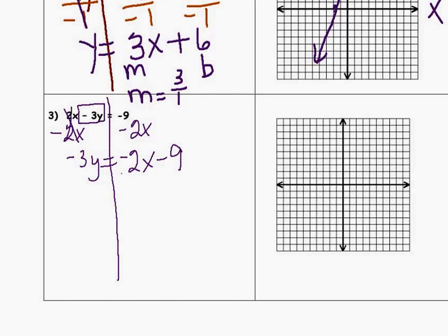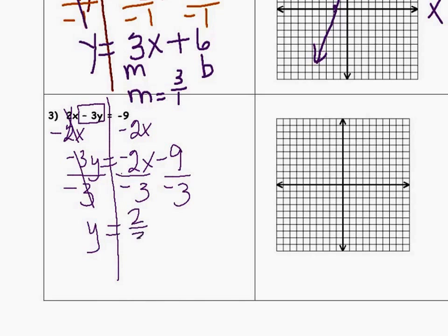Now I have something being multiplied by my y, so to remove it, I'm going to divide by negative 3. And remember, I have to divide that all the way across. This becomes positive 1y, which is what we want. Positive 2/3 x.